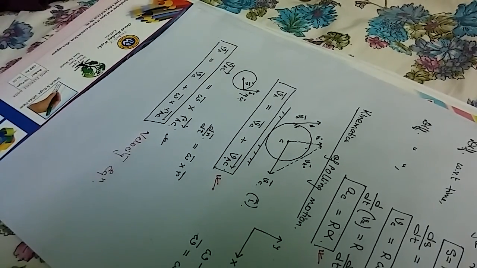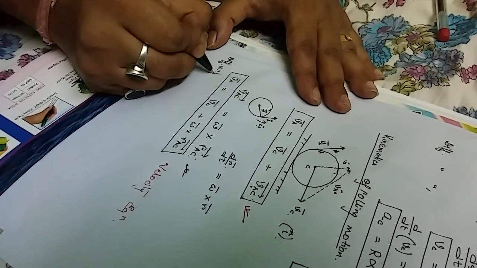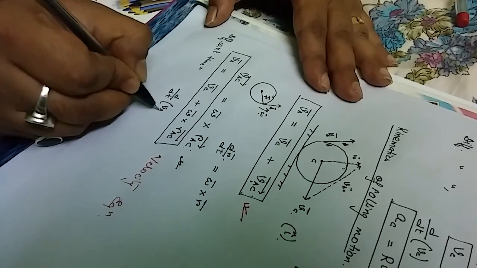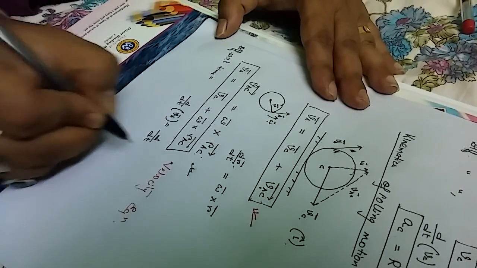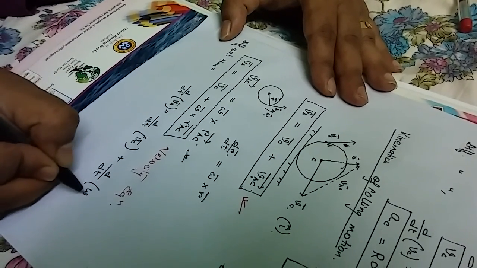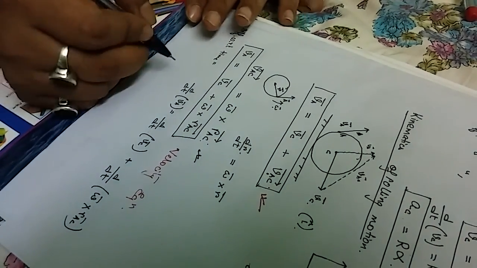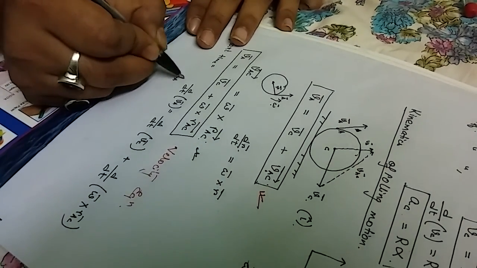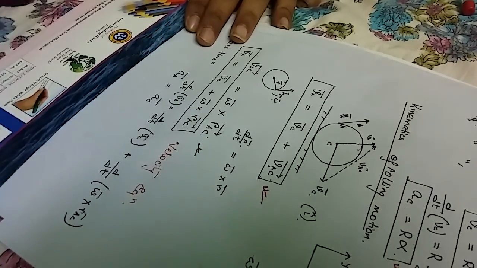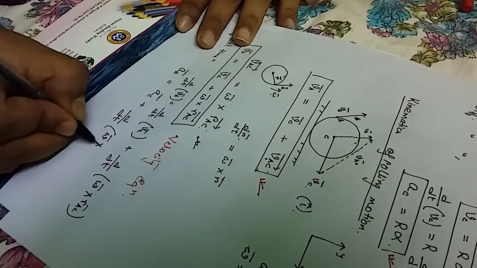To find the acceleration equation, we differentiate with respect to time and get d/dt of VA vector equal to d/dt of VC vector plus d/dt of omega cross RAC vector. d/dt of VA vector, as we know, is the acceleration of point A. d/dt of VC vector is the acceleration of the center of mass, plus d/dt of the cross product of these two vectors.